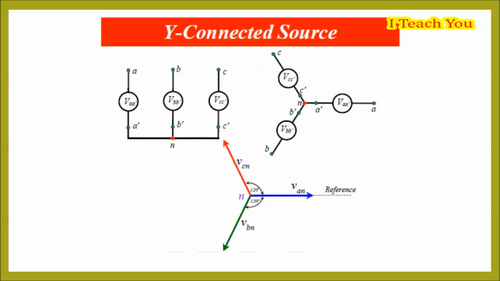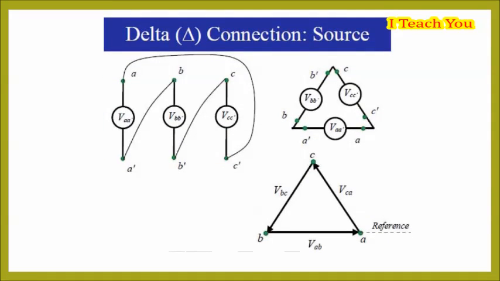The neutral point passes the unbalanced current to the earth and hence makes the system balanced. The delta connection has 3 wires, and there is no neutral point. The line voltage of the delta connection is equal to the phase voltage.